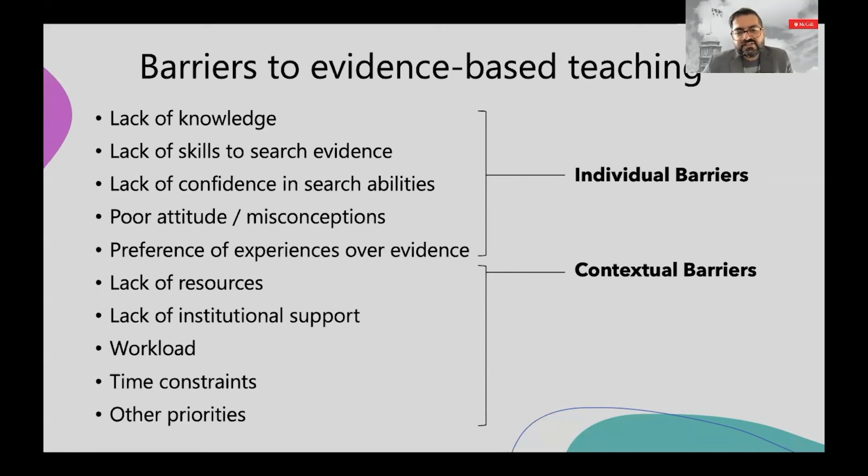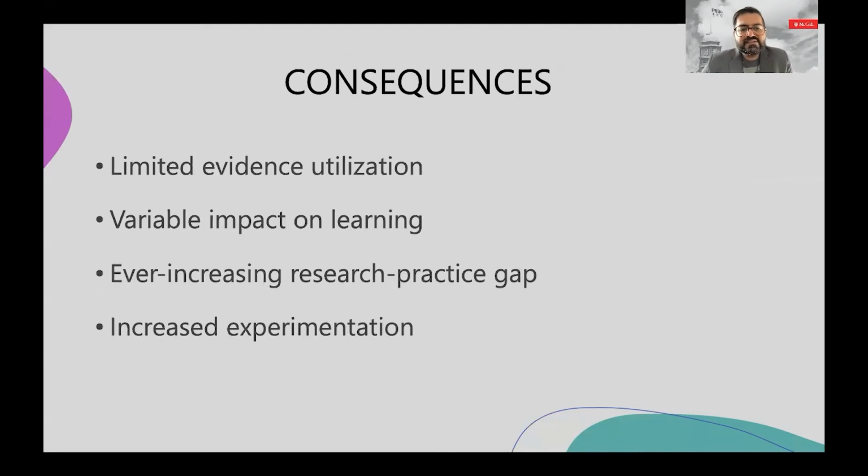These are different challenges that we face at the organization level that stop us or inhibit us from performing evidence-based teaching. As a consequence, there's a limited evidence utilization in teaching that leads to variable impact on learning, and the gap between research and practice keeps on increasing.